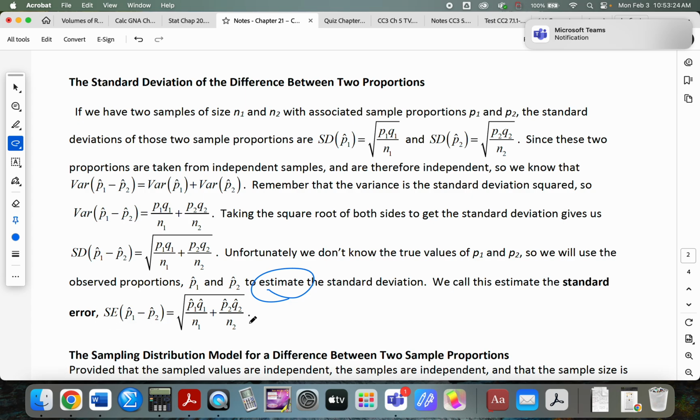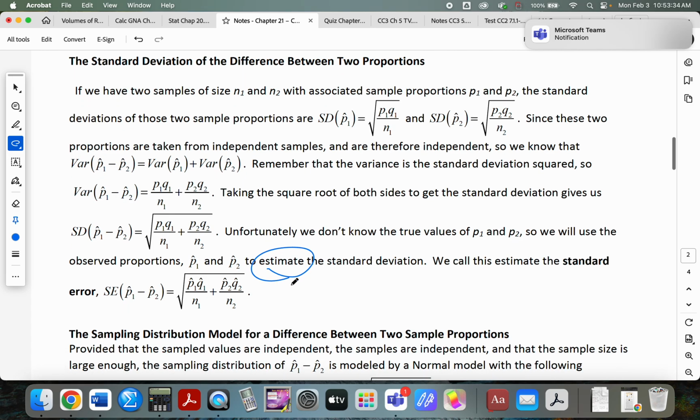So the standard error is the same thing, except it's the observed proportions instead of the actual proportions, which we don't know. With standard error, we're estimating the standard deviation because we don't know it for the entire group.